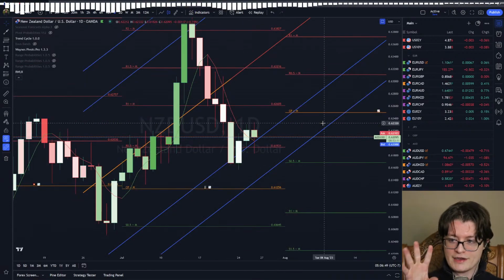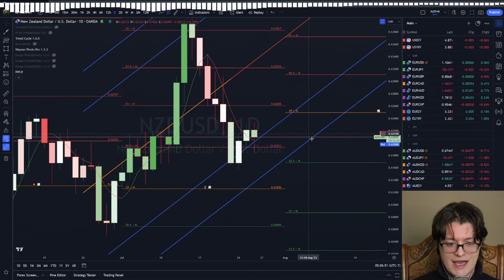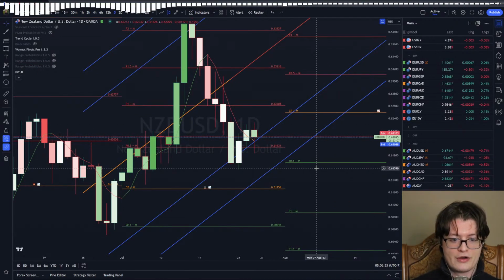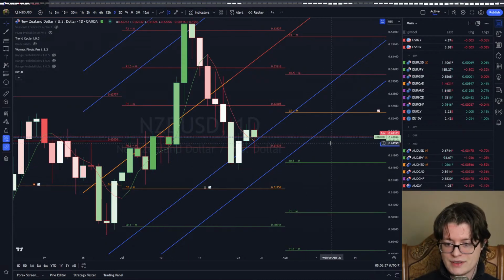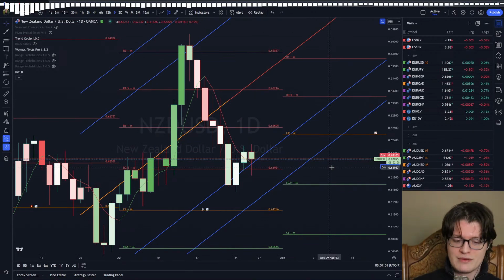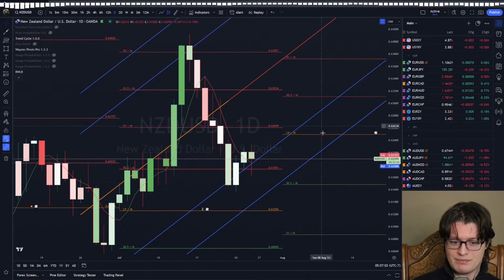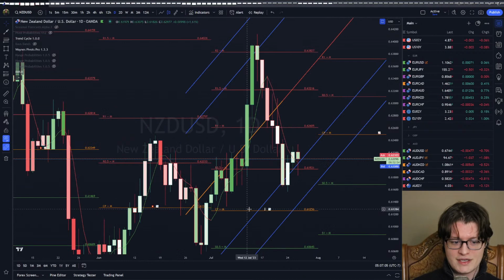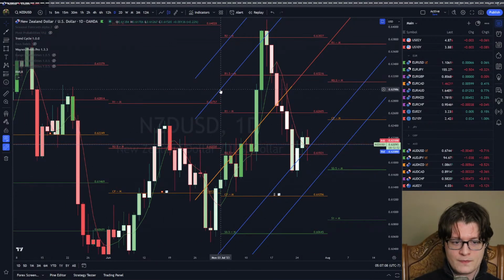So that kind of flashed a signal at me and said, hey, there is still gas left in this New Zealand dollar tank. I pointed out in the last stream that I thought that there was some positive drift still left in this run-up.